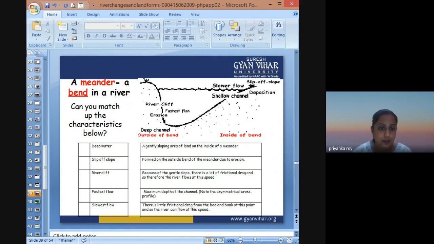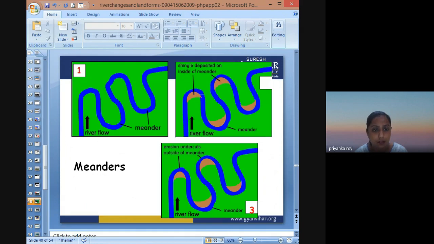Right. So in the fastest flow, the maximum depth of the channel here gives an asymmetric cross-section profile, and this friction drags from the river bed to the bank, and a river can also flow at a higher speed on the outside. So this is how meandering happens in the middle course of the river.